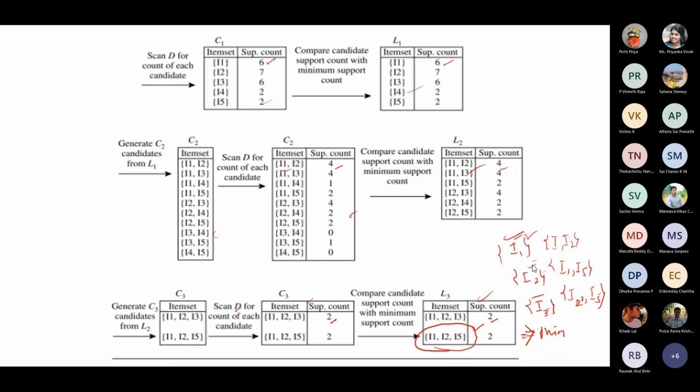Any other doubts so far? Ma'am, how are we choosing the min support value? Here we are setting a threshold value, right? Because the number of products purchased will be random.